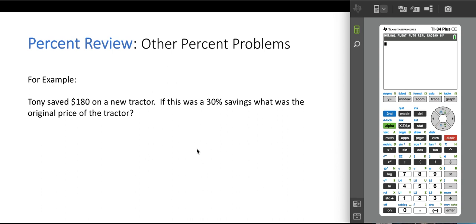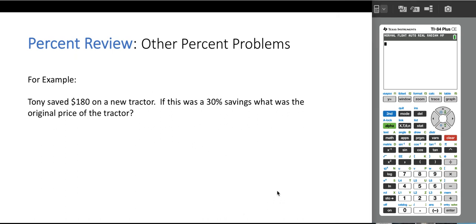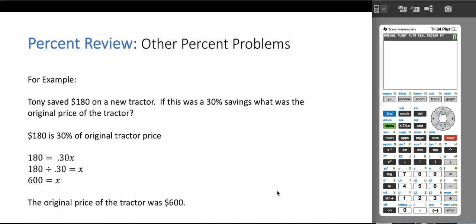For example, Tony saved $180 on a new tractor. If this was a 30% savings, what was the original price of the tractor? So the information we have here is, the problem is $180 is 30% of the original tractor price.